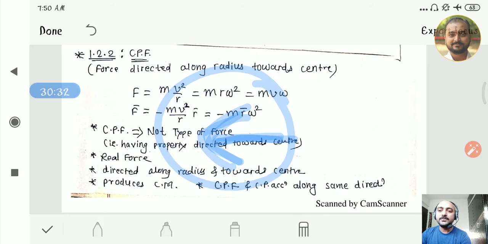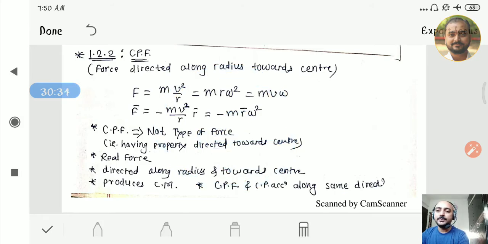This centripetal force has a magnitude F equal to mv square upon r, or you may write m r omega square, or m v omega. It's simple: it is the product of mass and centripetal acceleration, and we just studied the formulas for centripetal acceleration.